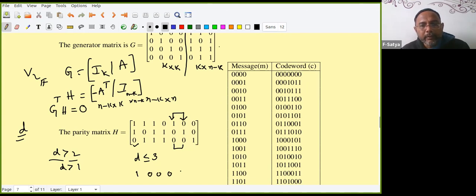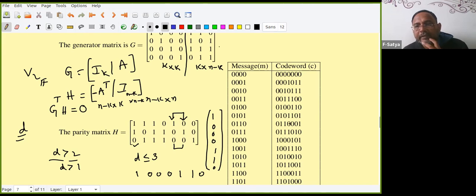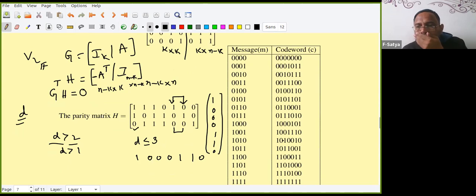Here also I put 1. Here also I put 1, and here I put again 0. Is it a code word? Means if I multiply like this, can I get the 0 vector? Do you see it somewhere here? 1, 0, 0, 0.